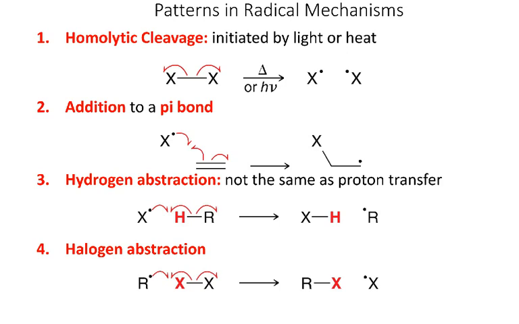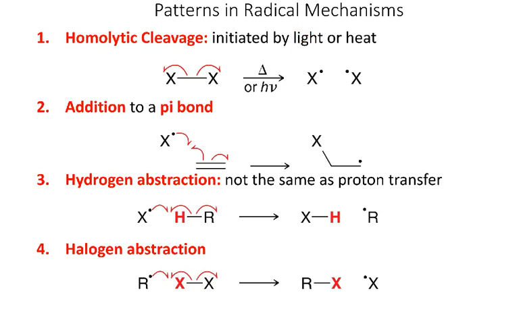So the first pattern is homolytic cleavage, and that's just where we're breaking a bond and we split the electrons equally between the two atoms that were bonded. And I should have mentioned this on an earlier slide, but I guess it's okay to mention it now. Typically the way we do this is with heat or by absorbing a photon, so by using high energy electromagnetic radiation.